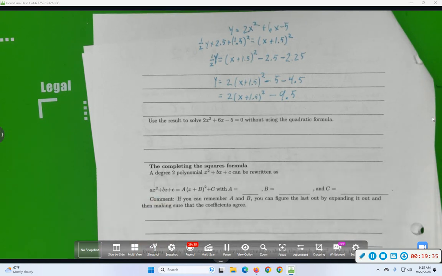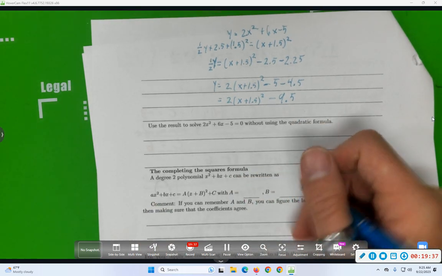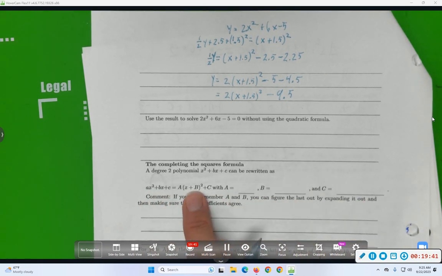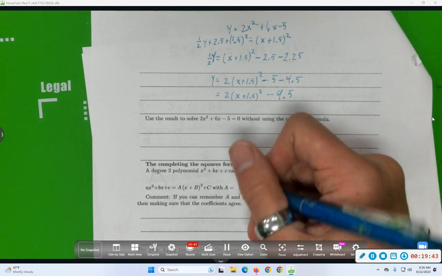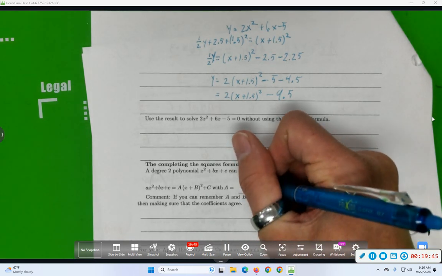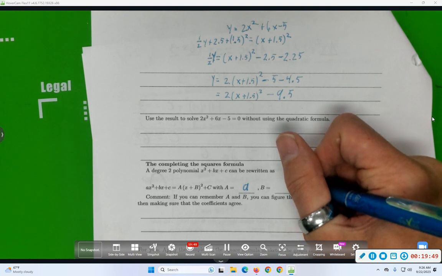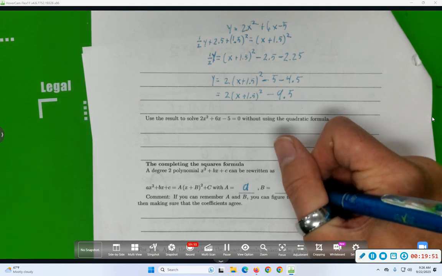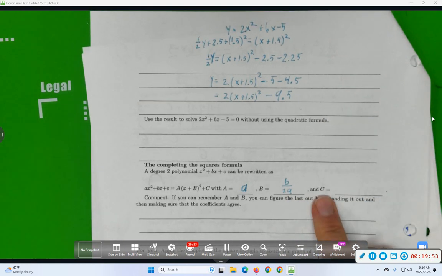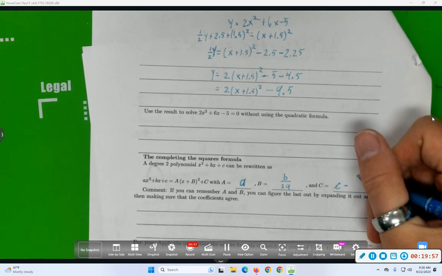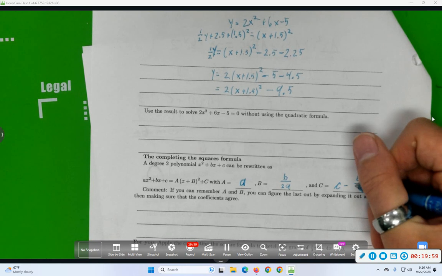But otherwise, yeah, you can. And if you did, you would get a formula. Ax squared plus bx plus c is the same as a times x plus b quantity squared, with big A equal to little a, b equal to b over 2a, and big C equal to little c minus b squared over 4a.